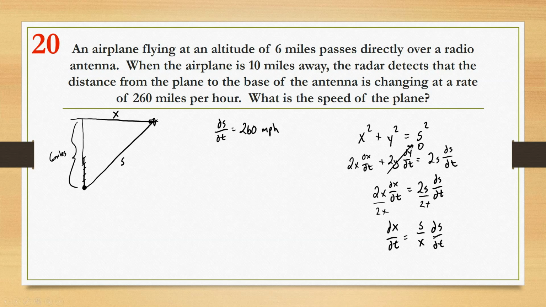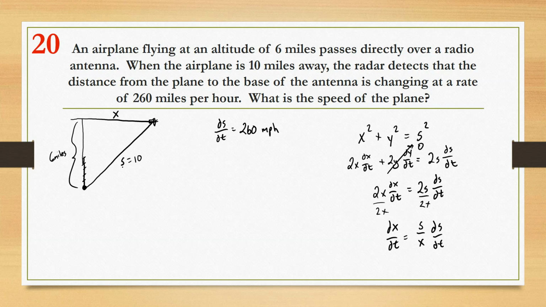So in this case, I need to figure out what all these values are. It gives us that the airplane is 10 miles away, so we're talking about s equals 10 here, because that's how far it is from the base of the antenna.